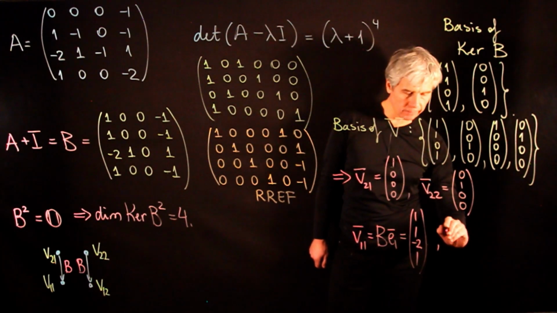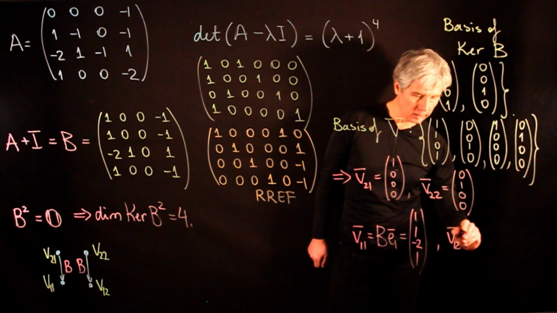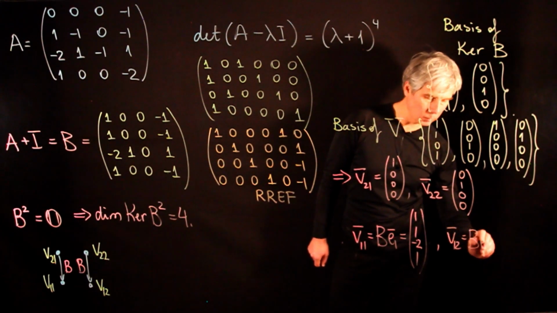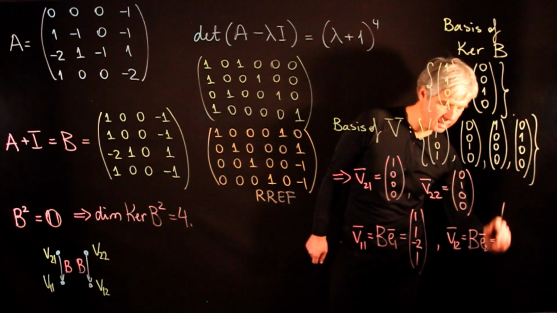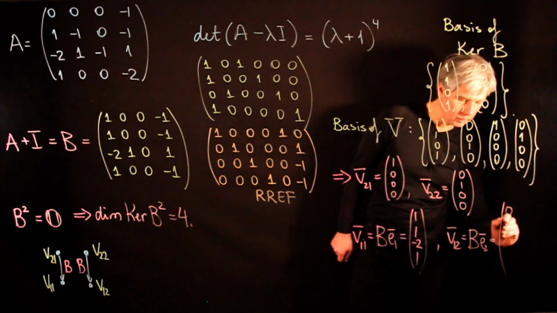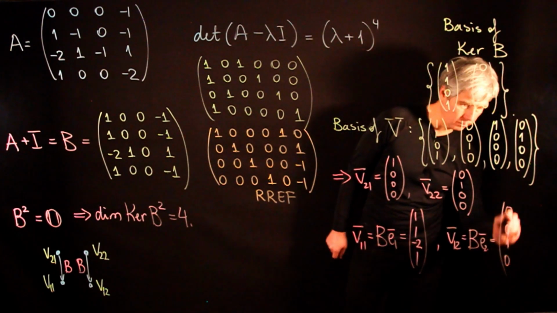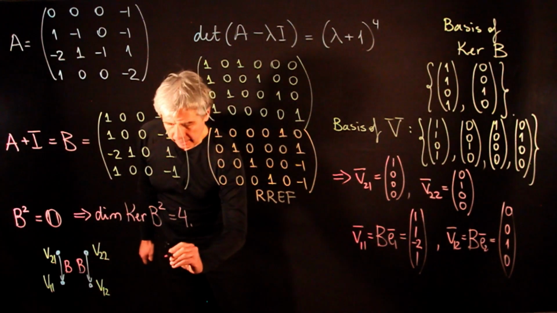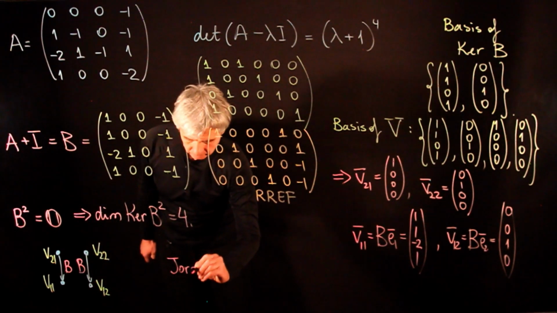And the vector V12 is B applied to E2. So this is the second column of matrix B, which is 0, 0, 1, 0. And now we have the Jordan basis.